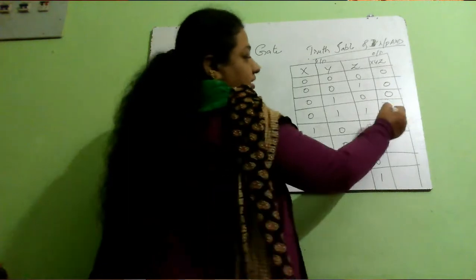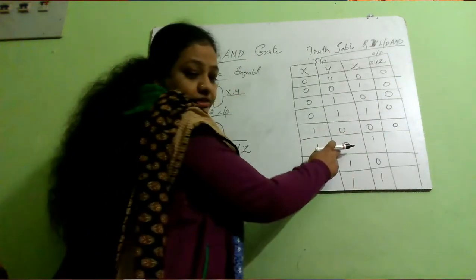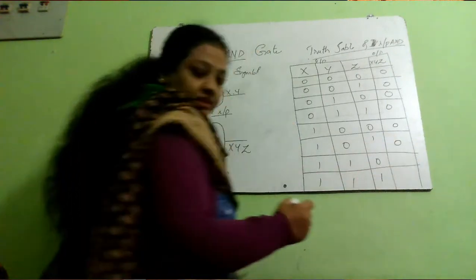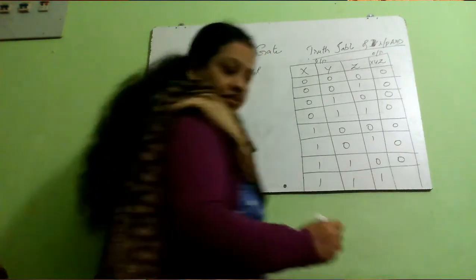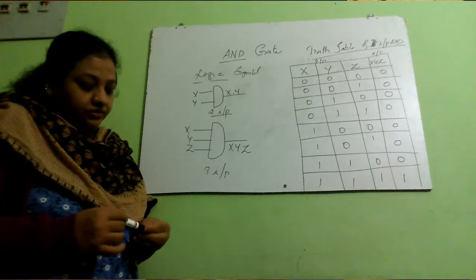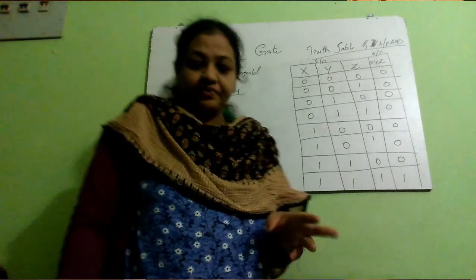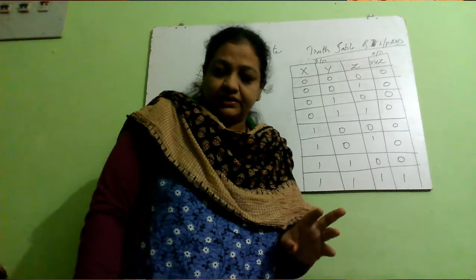Let us draw the truth table for the same and check the values that we will be getting. So let us draw the inputs first. Let me draw the truth table, and this truth table will have one output. As told earlier, an AND gate will have 2 or more inputs.